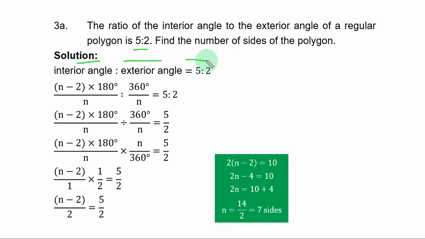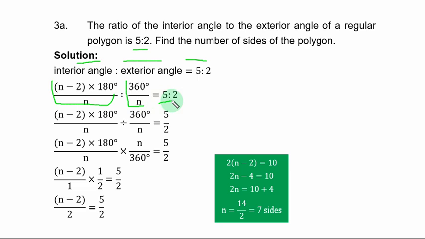Each interior angle of a polygon is obtained using this formula, and each exterior angle of a polygon is obtained using this formula. So both formulas, their ratio is equal to 5:2.